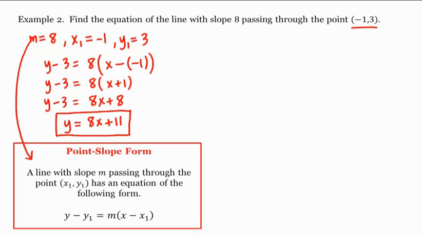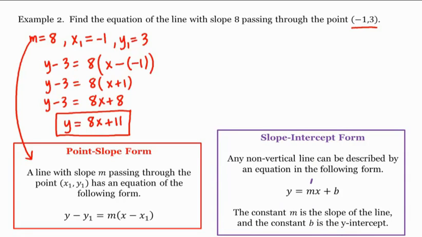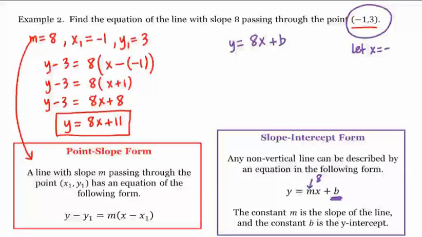Now for some reason, students do not like to use this form. So how could we get our equation using our slope-intercept form instead? All we know is that m is 8 here, but we don't know b. So we have y is equal to 8x plus b. Now, is it possible to find b? And it is, because we're given this point (-1, 3) lies on our line, which means we can let x equal -1 and y equal 3 in this equation here, and we'll be able to find b.